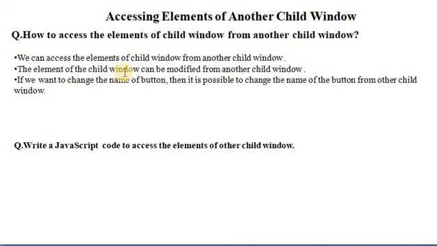The element of the child window can be modified from another child window. If we want to change the name of a button, then it is possible to change the name of the button from another child window. Let us see one example to access the elements of another child window.